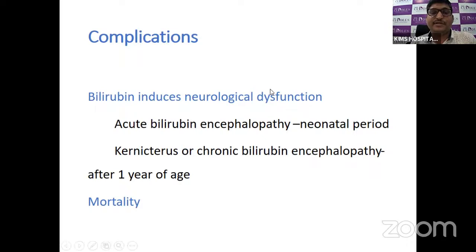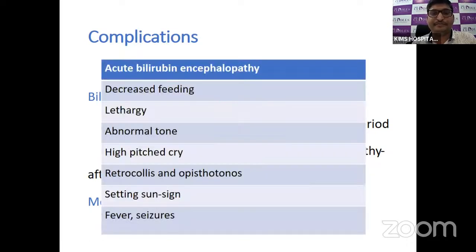Bilirubin-induced neurological dysfunction can present as acute bilirubin encephalopathy, mostly in the neonatal period, or as chronic bilirubin encephalopathy, which presents generally after 1 year of age. Bilirubin can lead to mortality independently when it is more than 30 milligram per deciliter, or above the threshold levels in the serum bilirubin.